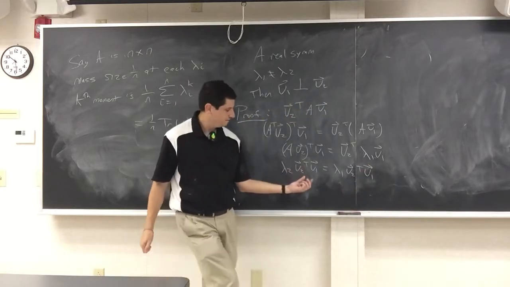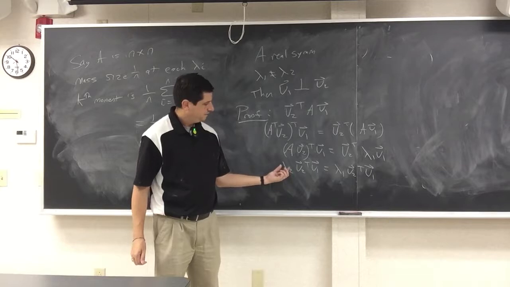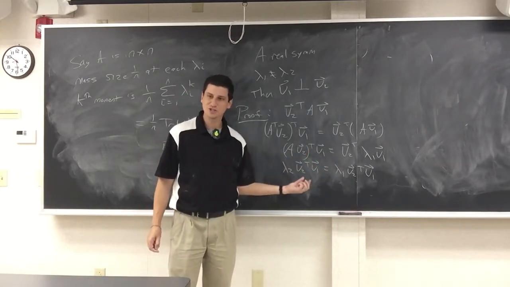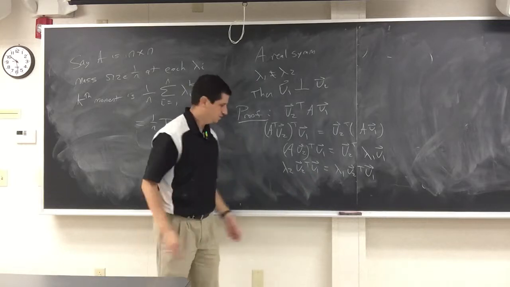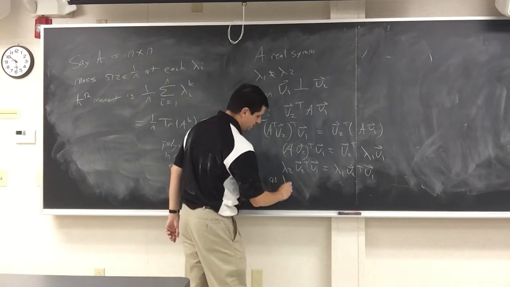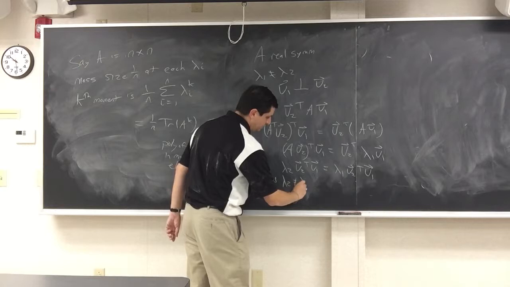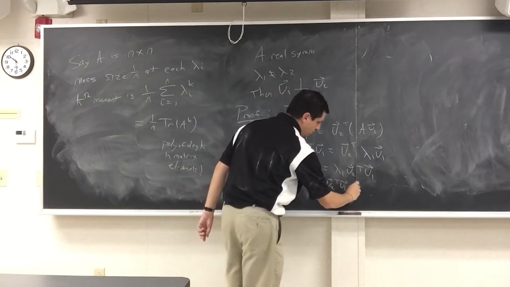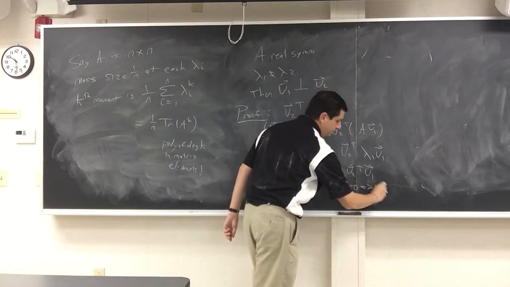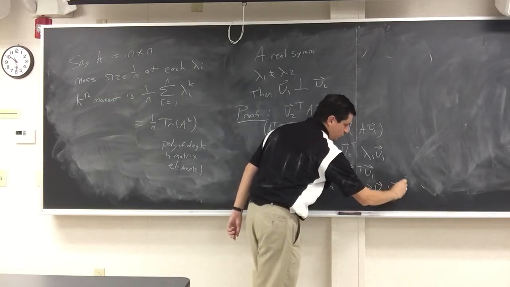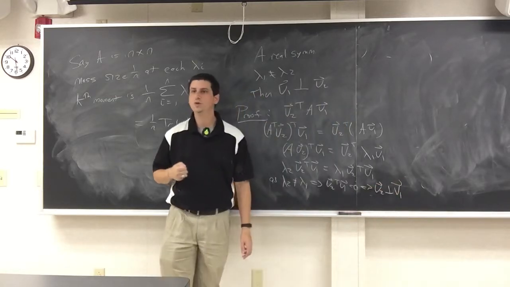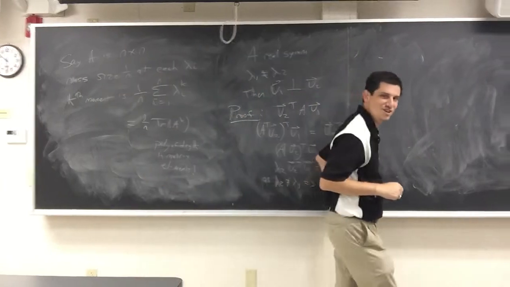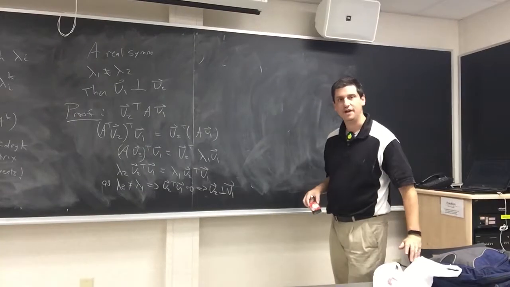And because lambda 2 does not equal lambda 1, it implies v2 transpose v1 equals 0, which implies v2 is perpendicular to v1, which is equivalent to v1 is perpendicular to v2. This is a really nice fact.